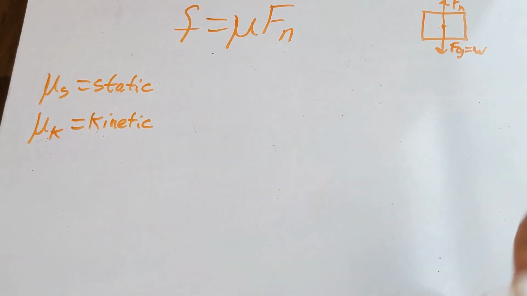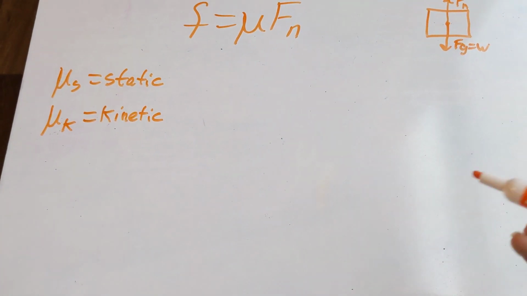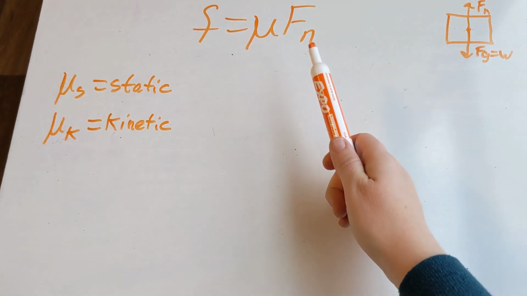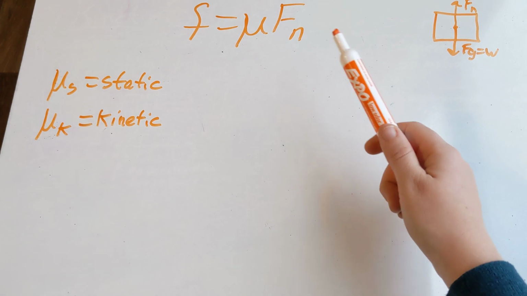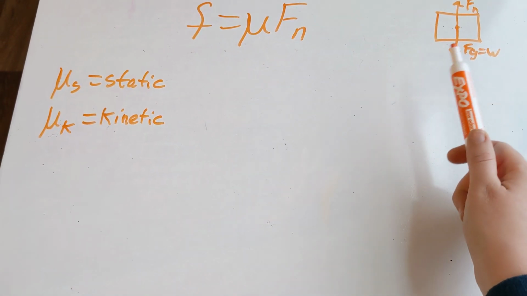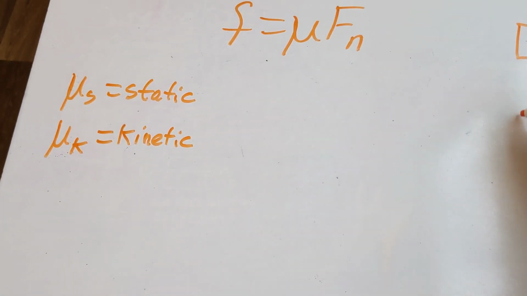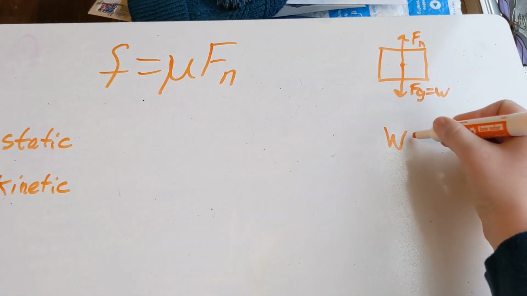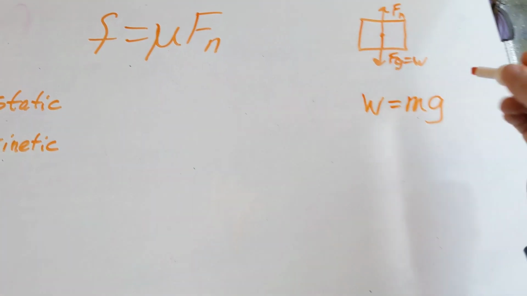So the normal force is the force of the ground or the surface pushing back up on that object. So when we use this equation, if the object is just on a level surface, then we would say that Fn, the normal force, is equal to the weight, which is the force of gravity. And remember that the other equation that we have is that weight equals the mass times gravity.